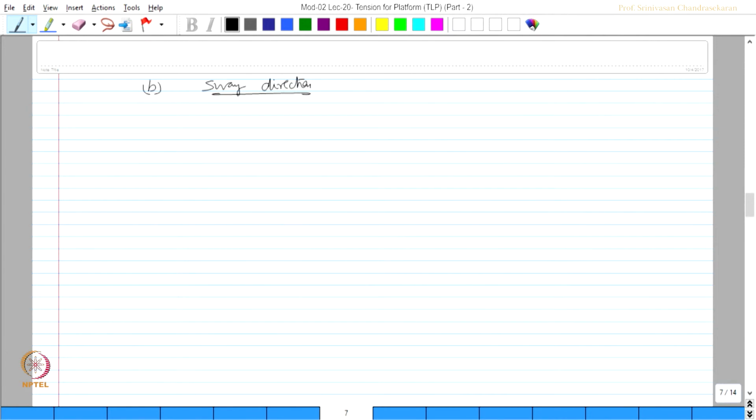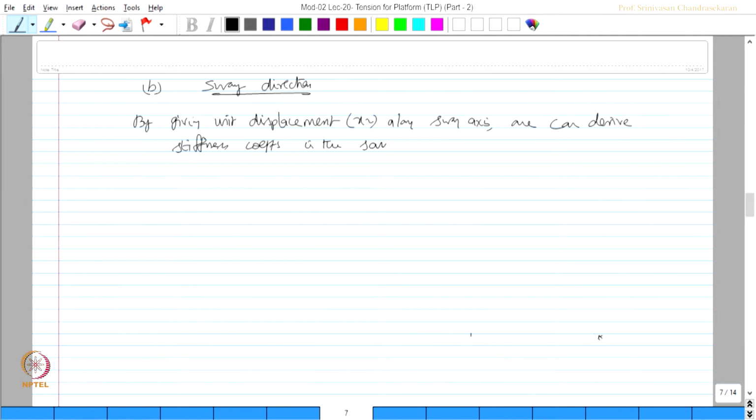So, having said this, by giving unit displacement x2 along sway axis, one can derive stiffness coefficients in the same manner as that of the first column.